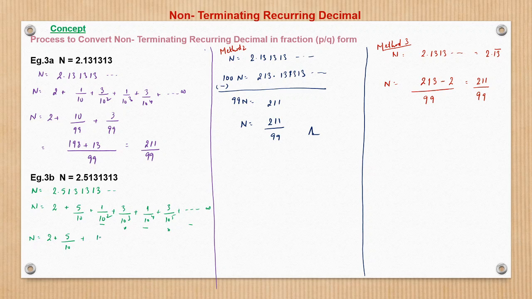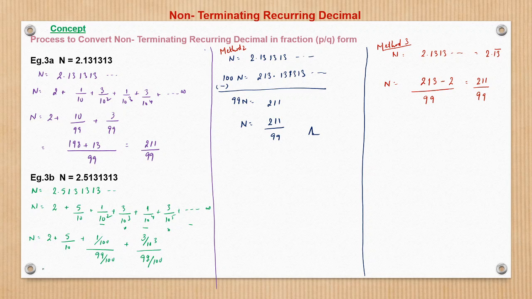First term is 1 by 10 square, which is 1 by 100, upon 1 minus the common ratio, which is also 1 by 100, so it becomes 99 by 100. Plus here it is 3 by 1000 upon 1 minus the common ratio, again 1 by 100, so it becomes 99 by 100.